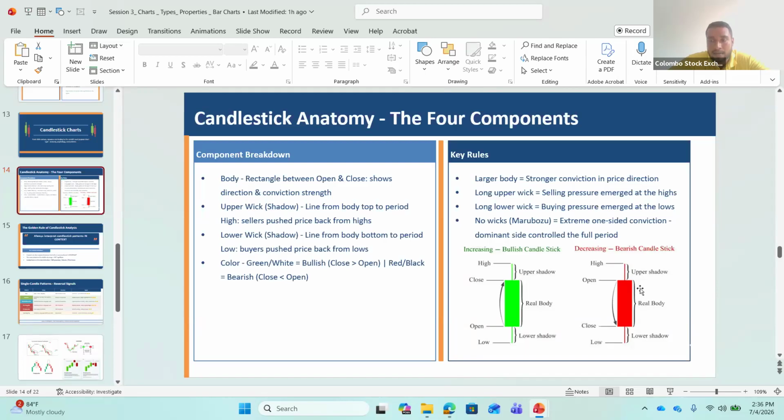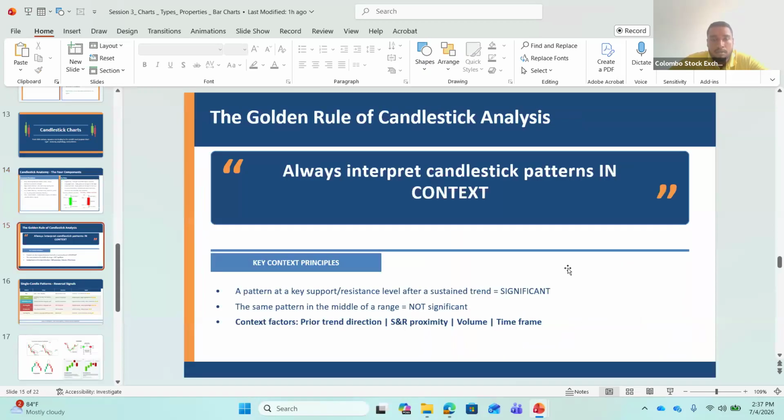And in a red candle, the opening price is at the top of the body right here, and the closing price is at the bottom of the body right here. And again, we also see the wicks at the top and the bottom. These are called shadows. You can call it the upper shadow or the upper wick, and this one the lower shadow or the lower wick, right?